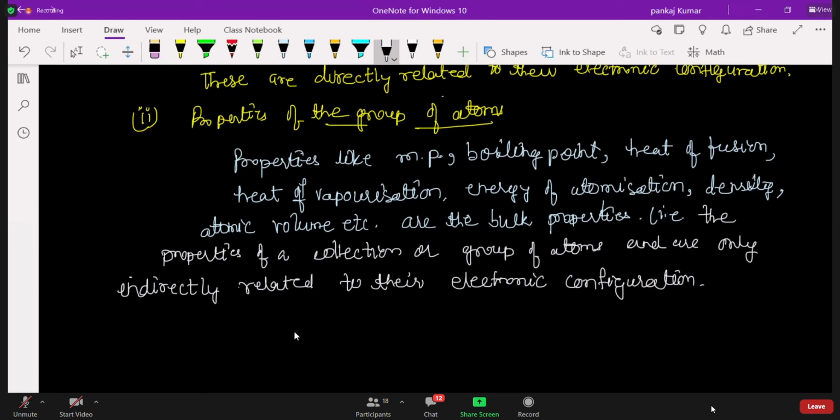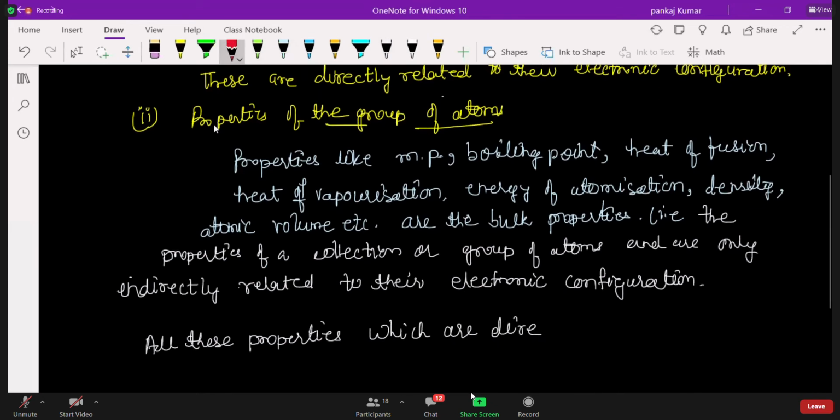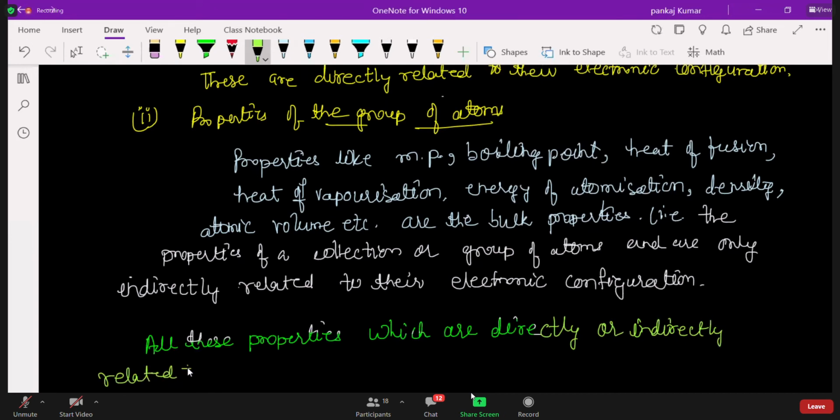All these properties which are directly or indirectly related to the electronic configuration.